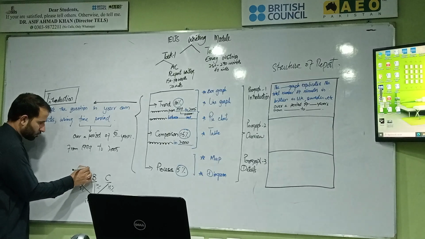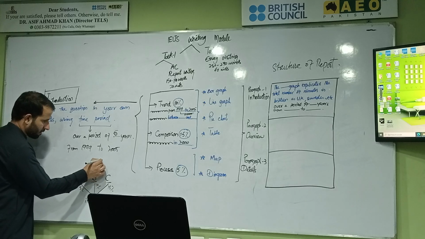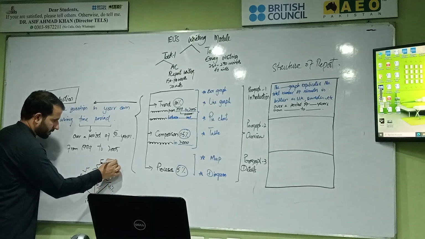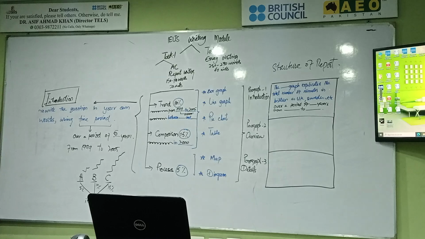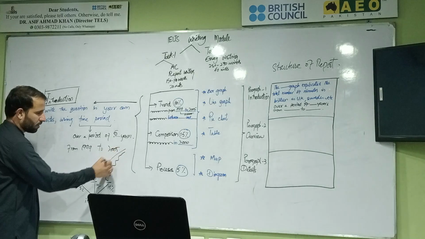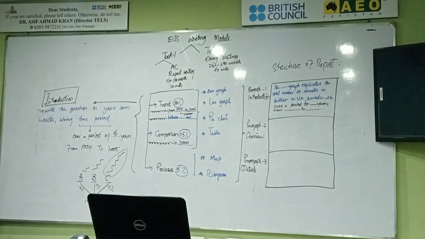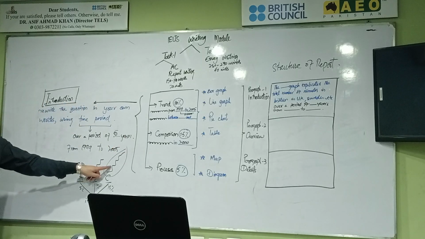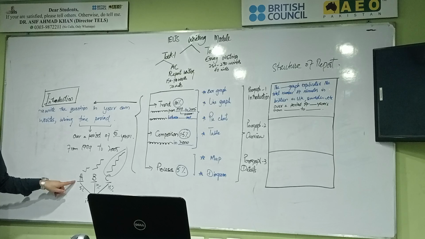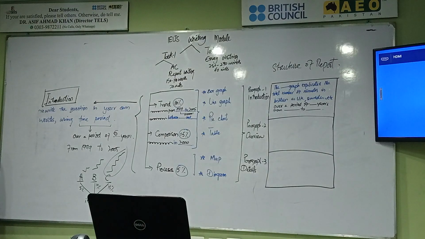It has got this one, it has got this one, and it has got this one. So where is the trend? C. C has the highest trend and A has the lowest trend. Got it?